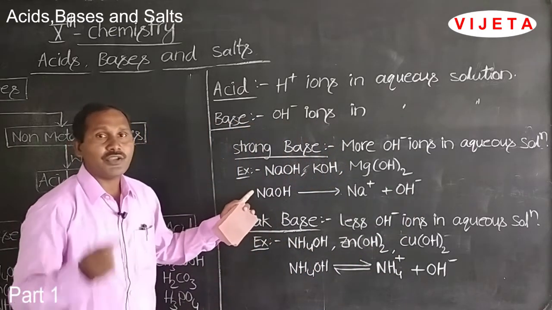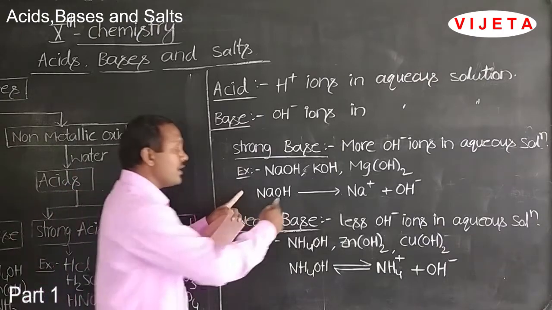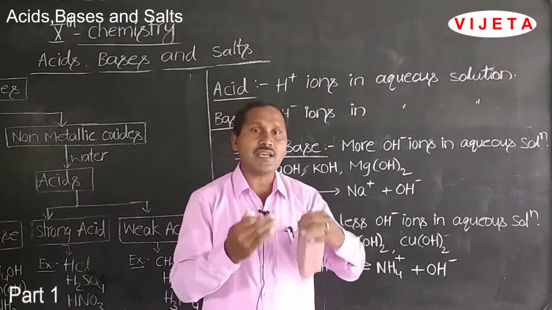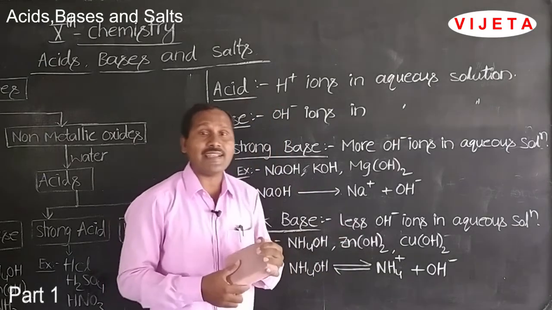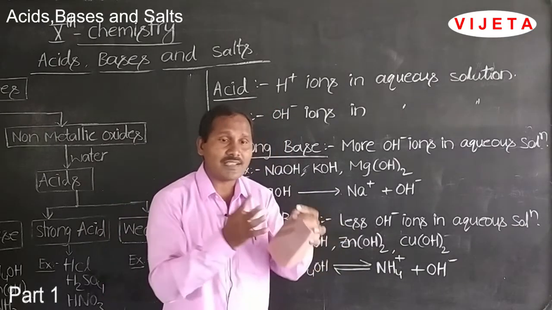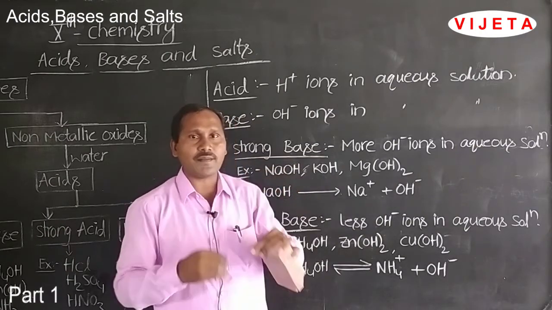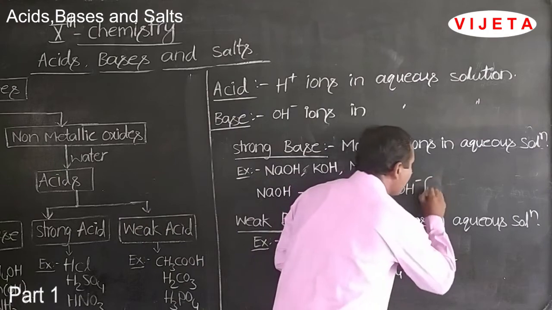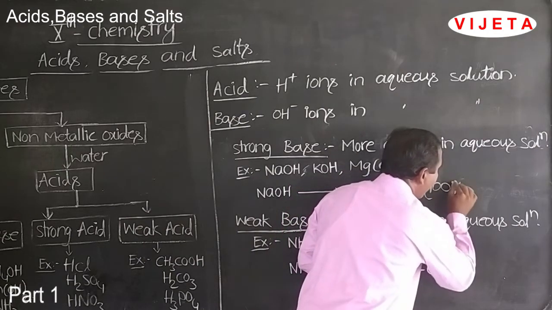In this reaction only the forward reaction takes place, which means 100% ionized. 100% ionized means the salt is completely dissolved in water. So that is the meaning of ionized.